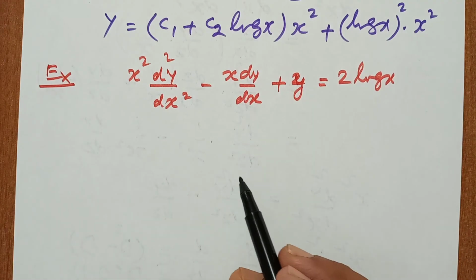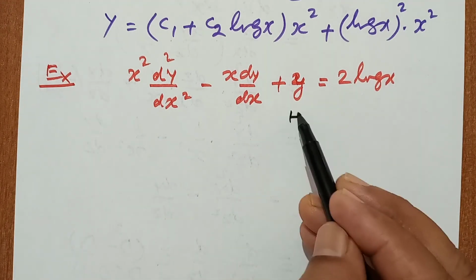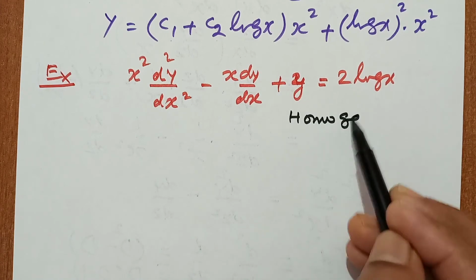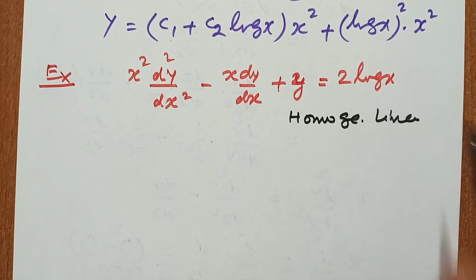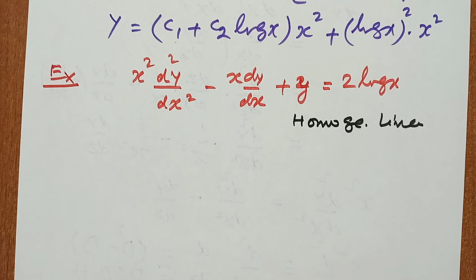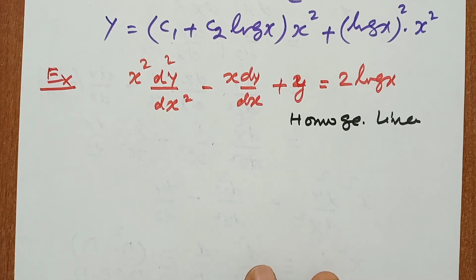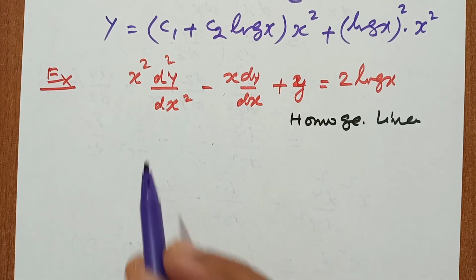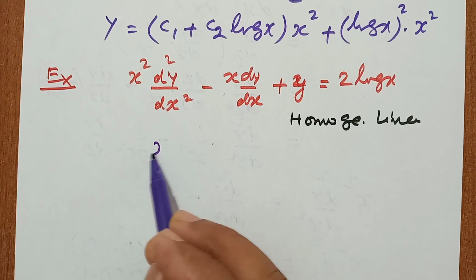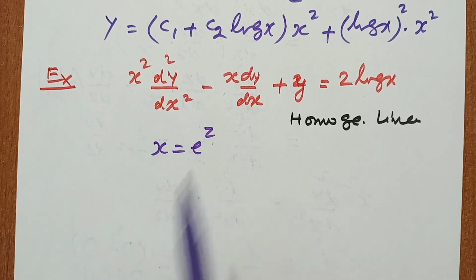So first you check this. What is the rule? Our aim is to convert it into a linear differential equation with constant coefficients. So let x is equal to e to the power z.